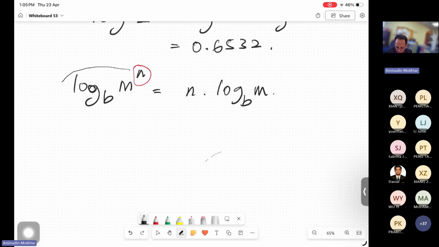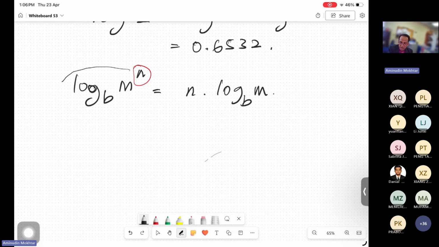In other words, the power in the equation now becomes a multiplier in front of the log. We just bring the exponent down and put it in front of the log as the multiplier.